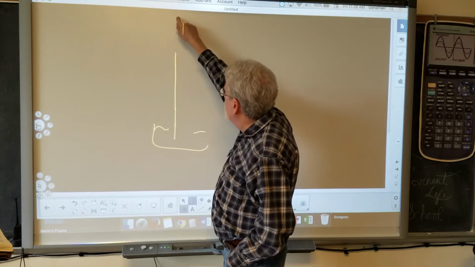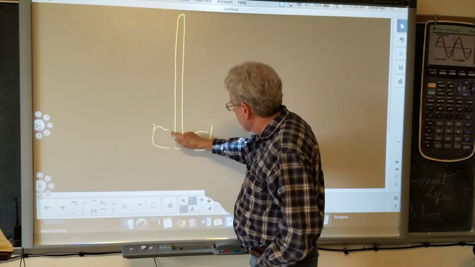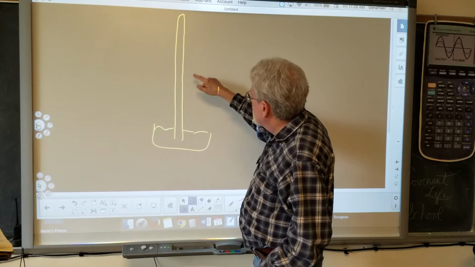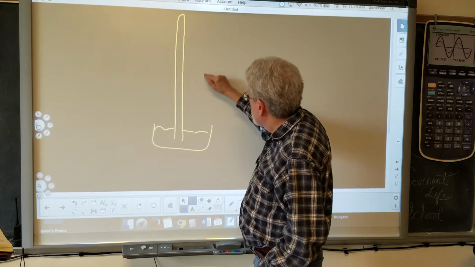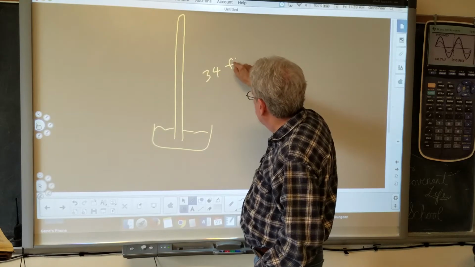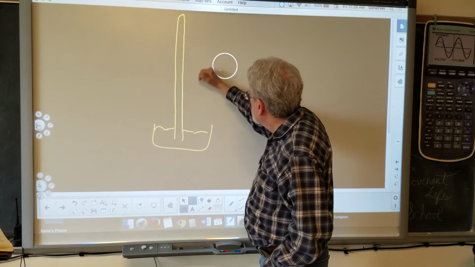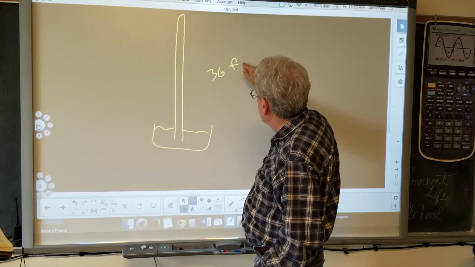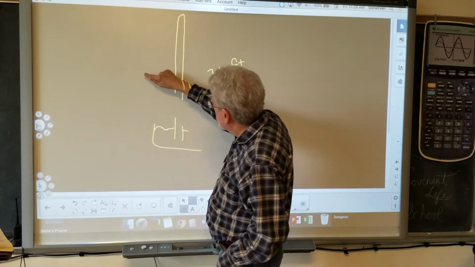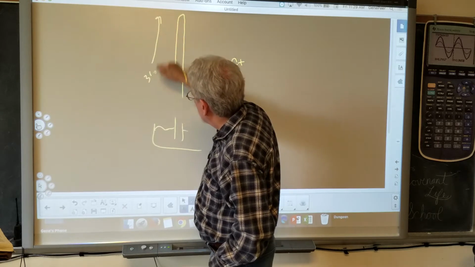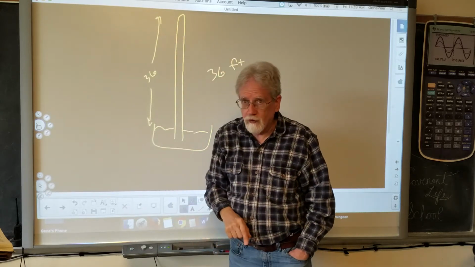If we had a jar of water that is 34 feet high. Now let's make it 36 feet high. Here to here, 36 feet. That's a really tall jar.